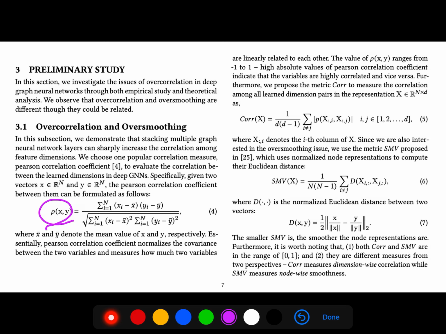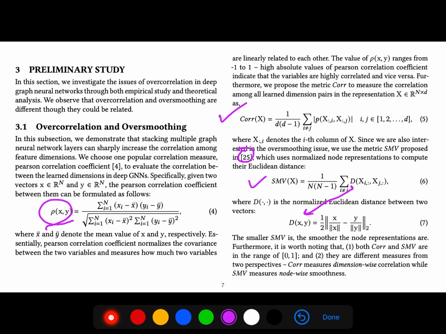So they proposed a metric, Corr, to measure the correlation among all learned dimension pairs in the representation. And they used the metric SMV, which is proposed in this reference, which uses normalized node representation. And D is just the normalized Euclidean distance.